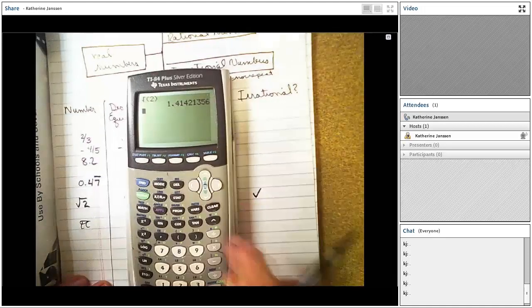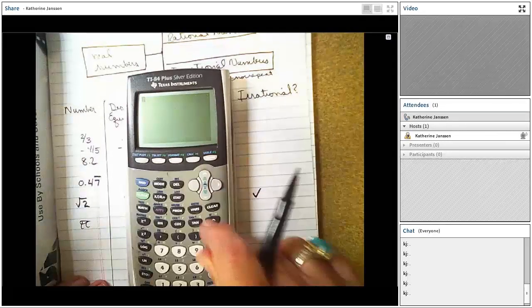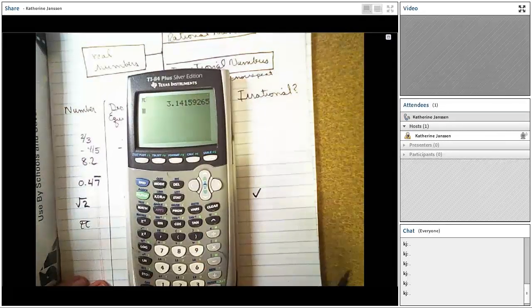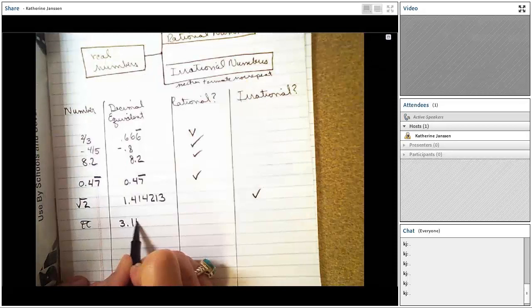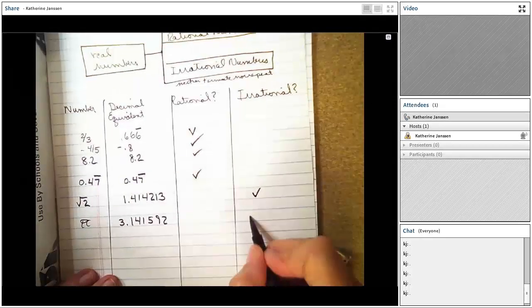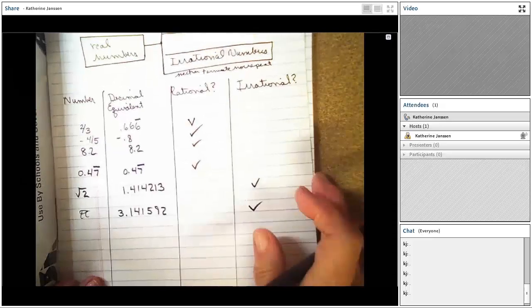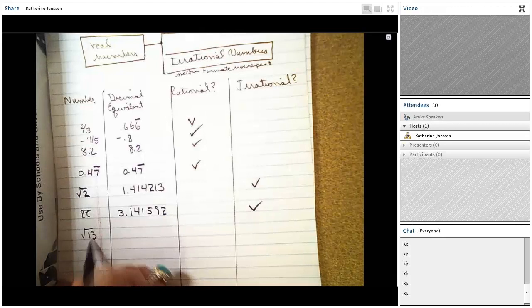And pi we've already discussed. Pi is that special number on my calculator, second pi, enter. In decimal point format is 3.14159. And you want to remember that pi is an irrational number. It neither terminates nor repeats. And the square root of 13.